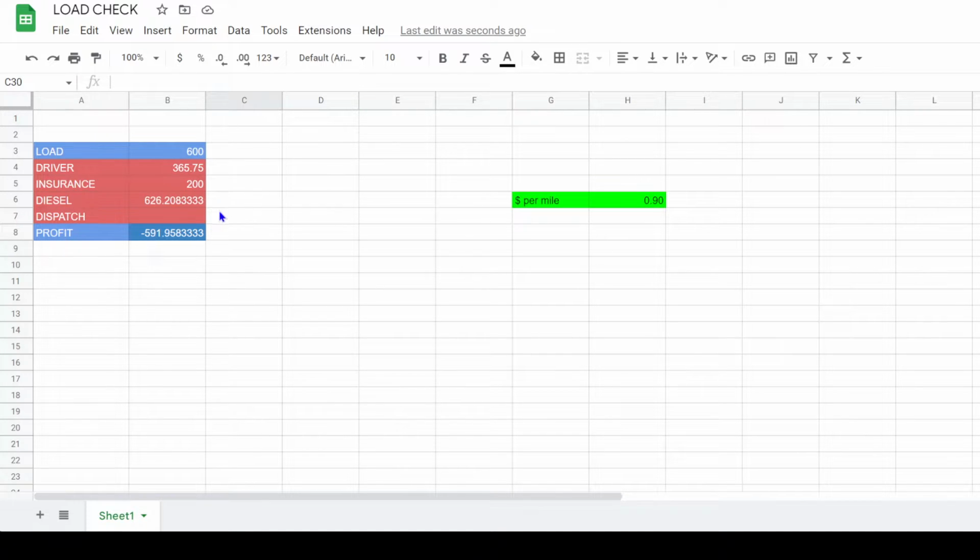Basically, they are combined there. Diesel is 626. And then I have no dispatch since I let them go because there's no money to be made in trucking anymore. And then my profit, what would I have gotten out of my pocket? It's negative $591. And the dollar per mile is 90 cents.